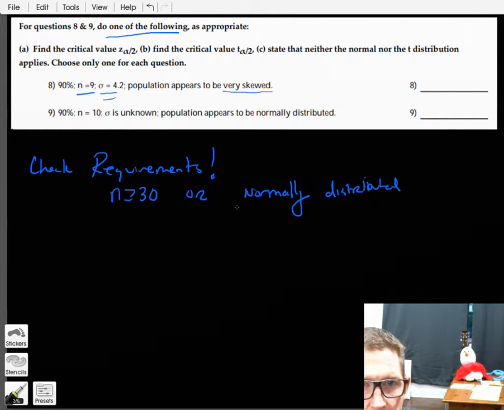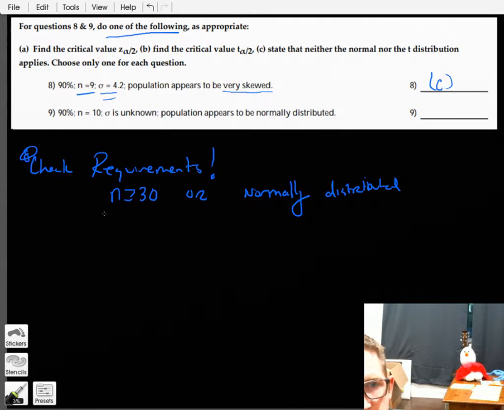Those are the only two ways we could use this Z interval. We use Z alpha over 2 because we know this population standard deviation. So since it's very skewed, and N is not bigger than 30, we can't apply the normal or T distribution. So the answer to A would be C, right? Neither the normal nor the T distribution applies.